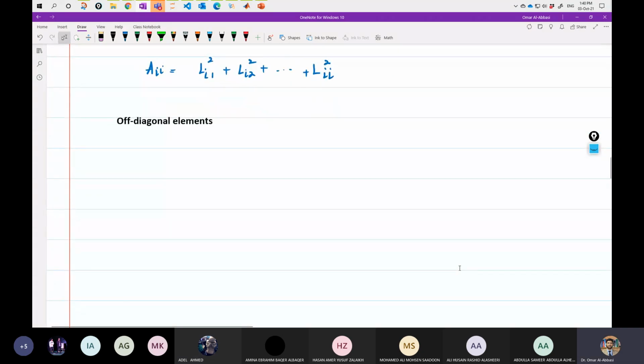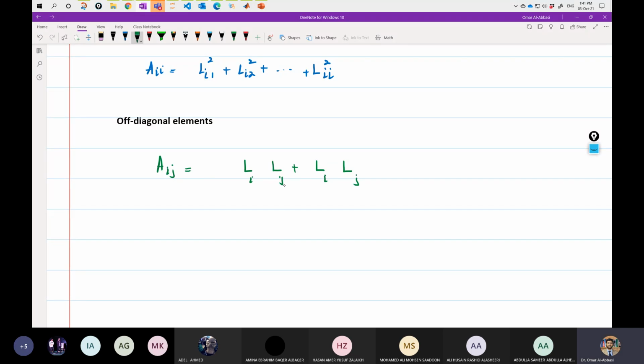Okay, so for the off-diagonal elements, guys, I can say the following. For matrix A, for element i, j, it equals L L plus L L, I said i and j, i and j.